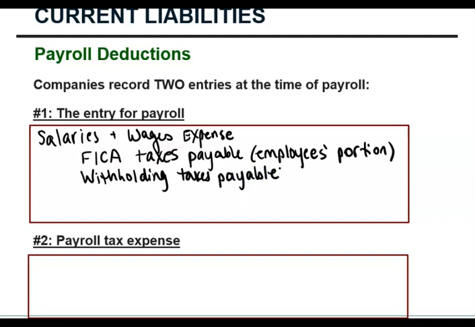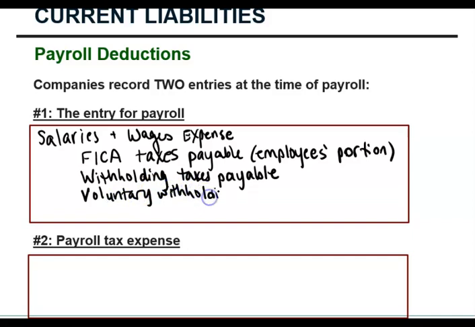In addition, the employee may elect to have certain other withholdings, such as retirement contributions or union dues, or sometimes if the company runs a health club or gym, the employer is going to automatically withhold the gym membership fee. Depending on what that specific withholding was, I'm just going to call this a general voluntary withholdings account.